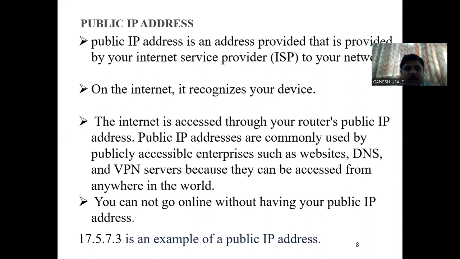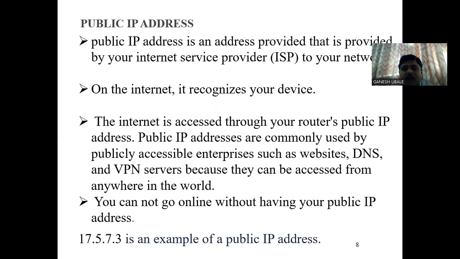The next type of IP is the public IP address. A public IP address is provided by your internet service provider, that is the ISP, and it is accessed through your organization's router, and that router has a public IP address.